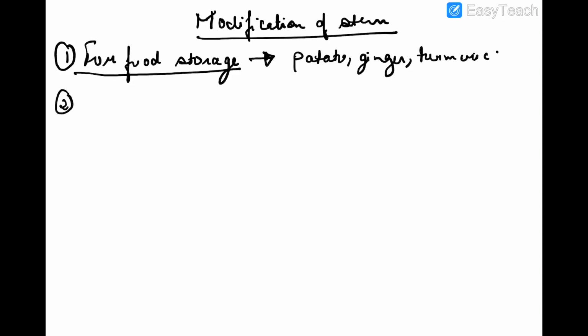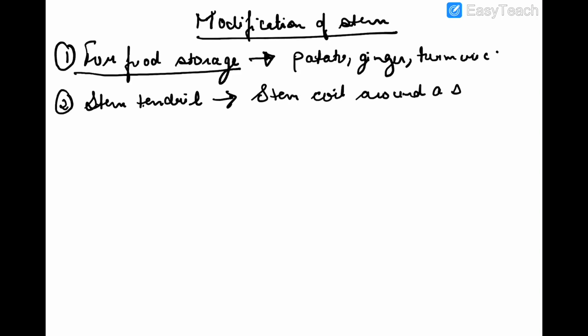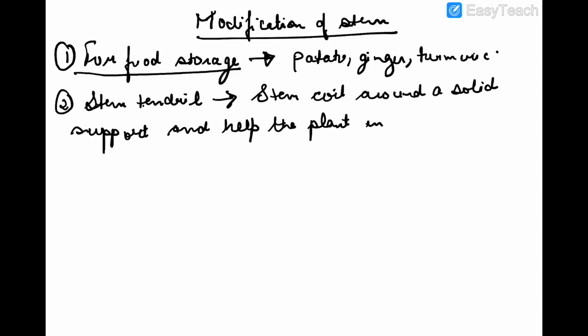Second is stem tendril. Stem tendril is the stem which coils around a solid support and helps the stem in climbing.